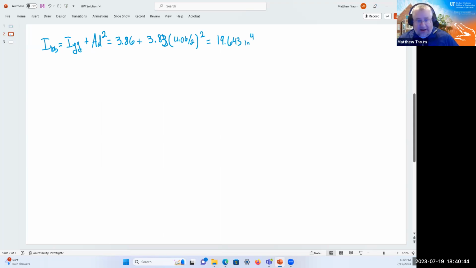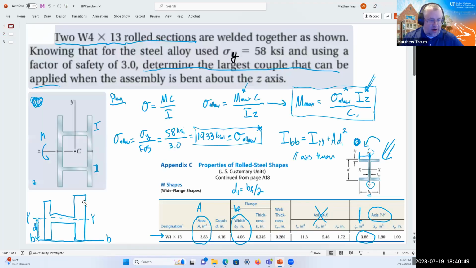Now, I'm not done yet, right? Because all that I've done with IBB is I've sorted out the I value for just one of these two H's, by doing the parallel axis theorem to move the axis of rotation from this plane that crosses through the middle of one of these I-beams down to what I call plane BB, where that weld joint is. I've got this whole other I-beam down here that's welded on. But now my life is a little bit simpler because there's symmetry here.